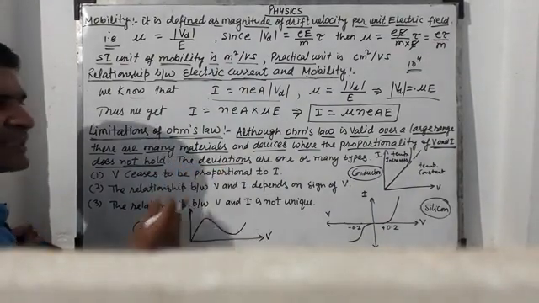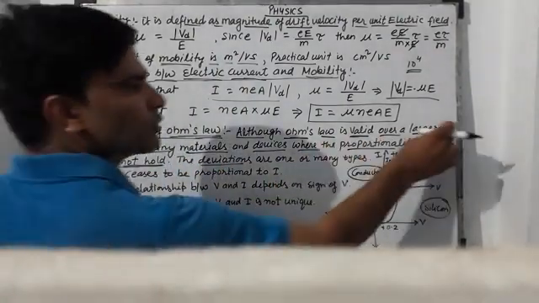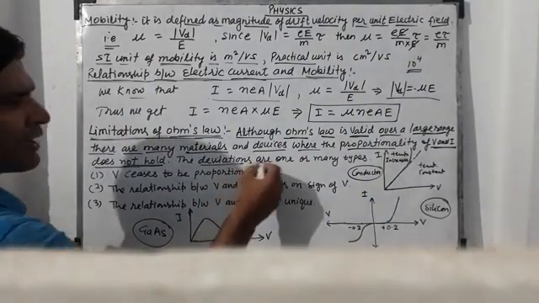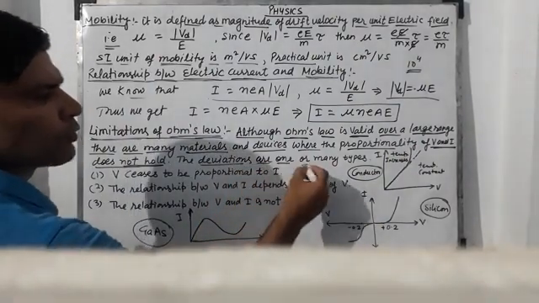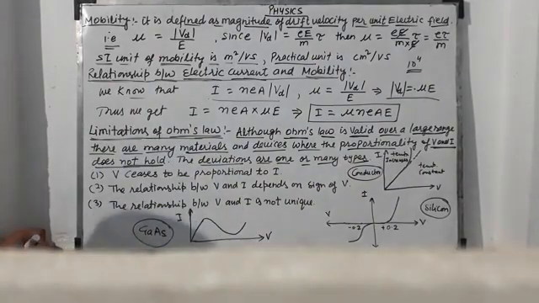The deviations in the proportionality of V and I are of one or many types.